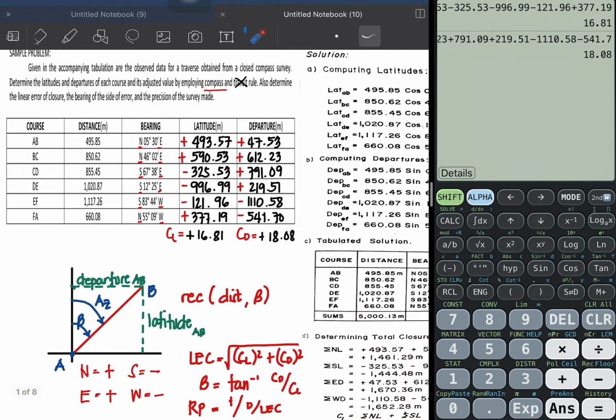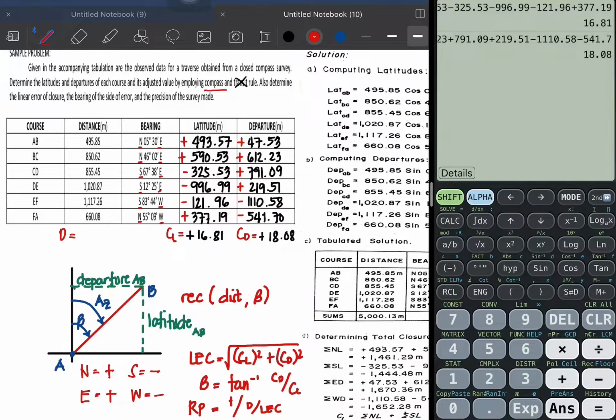Next is to solve the distance D, or the perimeter, or the total length of the traverse.